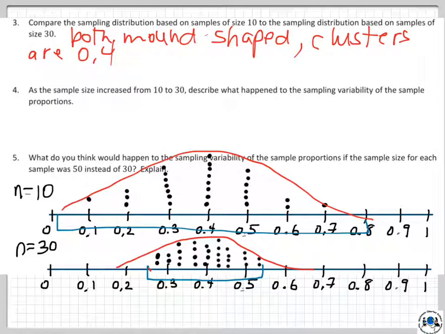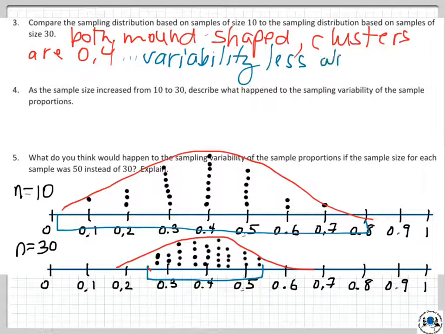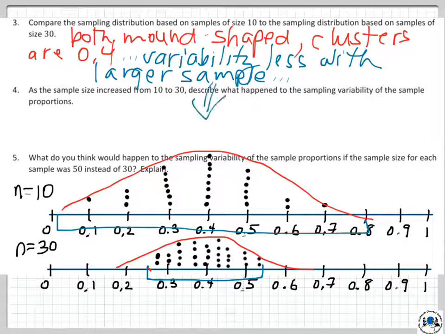Okay, so our variability is less with a larger sample, because that's what we're trying to get across, and I think you've gotten that point by now. As the sample size increased from 10 to 30, describe what happened to the sampling variability. Okay, I think we just talked about that. Oh, I guess that should have gone down there, huh?